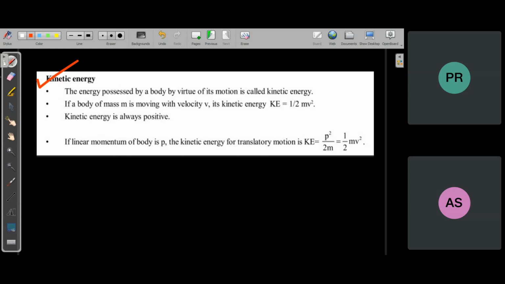So the body has energy and the body is moving, and the body will keep moving according to Newton's first law. So it will not lose energy. A body is moving, who will stop it? It will keep moving, no? And it will keep moving, so that energy will neither increase nor decrease.